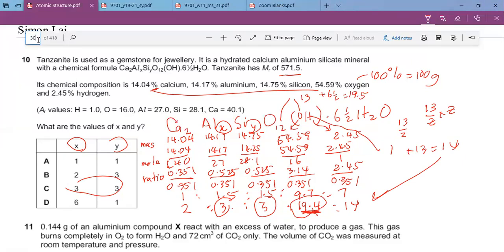302. I don't know why this is 302. I don't know why it's not moving. This fellow today is playing out with me.